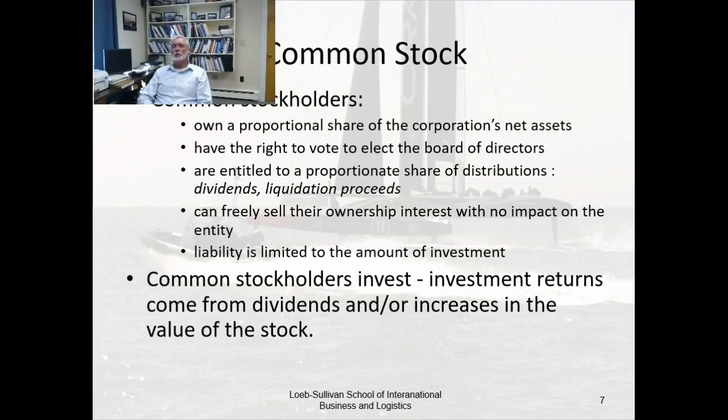So the board of directors is the controlling force in any corporation, corporate governance, and the board of directors is elected by the common shareholders. Common shareholders are entitled to a proportionate share, depending on how many shares they own, of dividends and any liquidation proceeds. And they can sell their ownership interest with no impact on the entity. And they have limited liability.